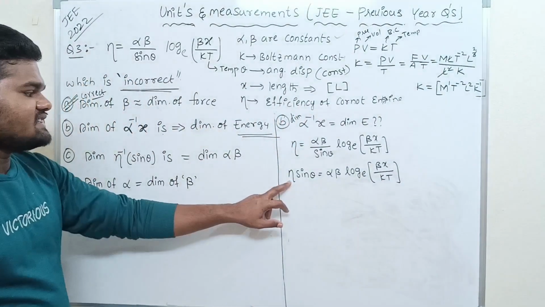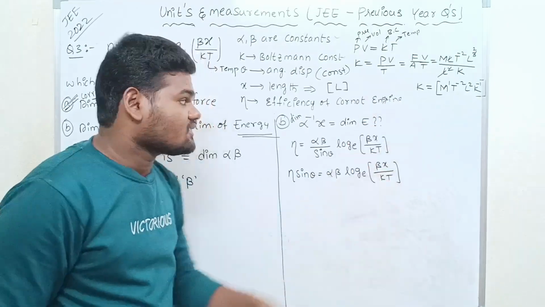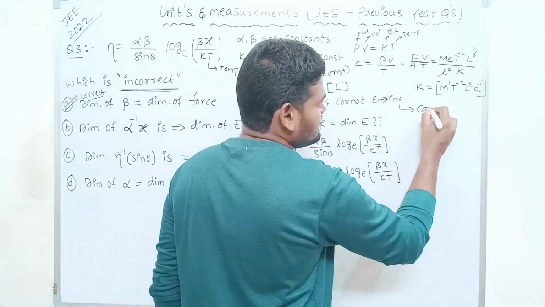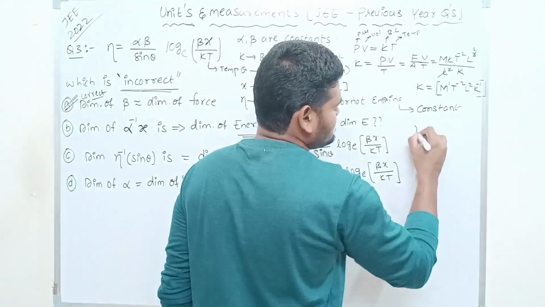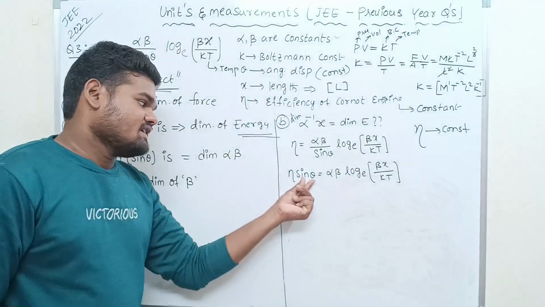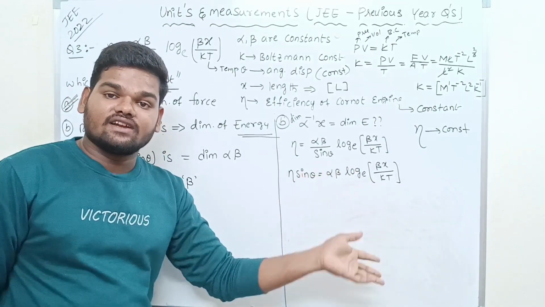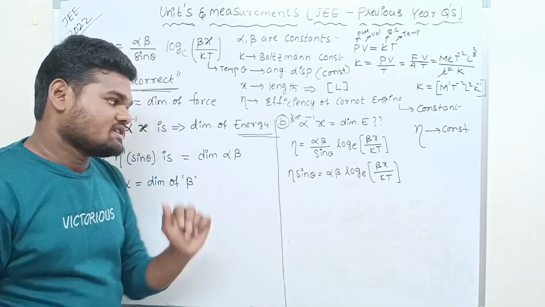See, what is eta? Eta is the efficiency of a Carnot engine. It's a constant term. Constant has no dimensional formula. Sin theta, cos theta, trigonometric functions, whatever it is, have no dimensional formula.